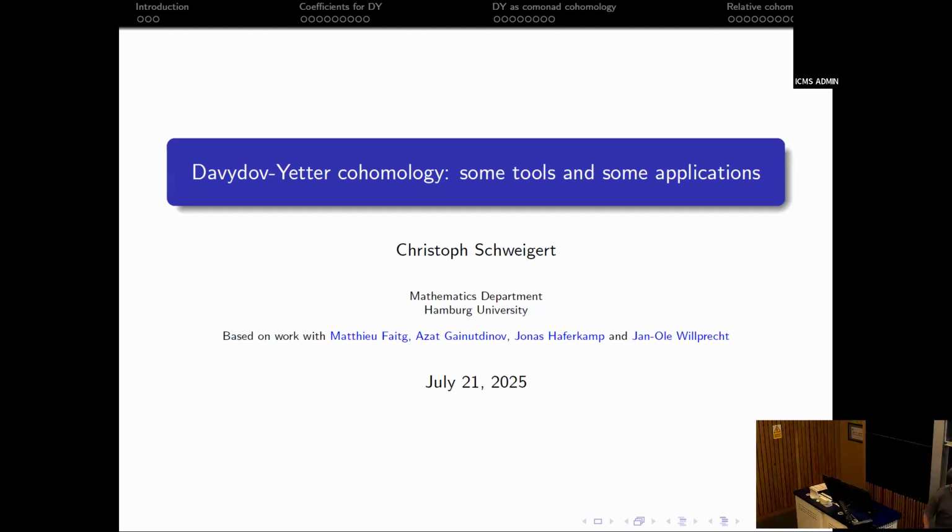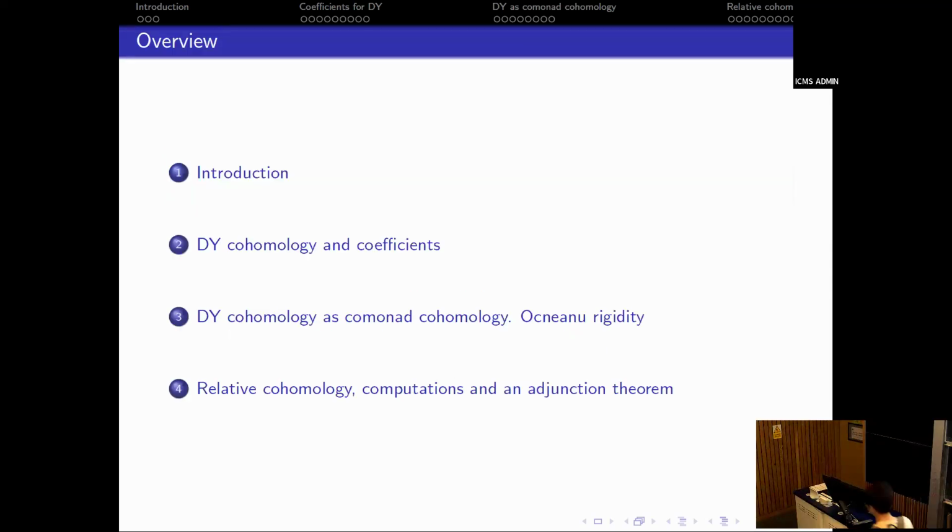So I want to explain to you a bit why we have been thinking about Davydov-Yetter cohomology and what kind of tools we were developing. And actually, I want to show you that it's very profitable to consider the appropriate coefficients for Davydov-Yetter cohomology.